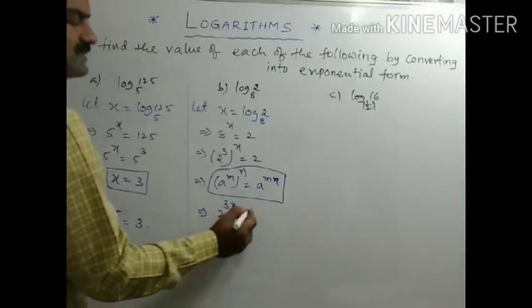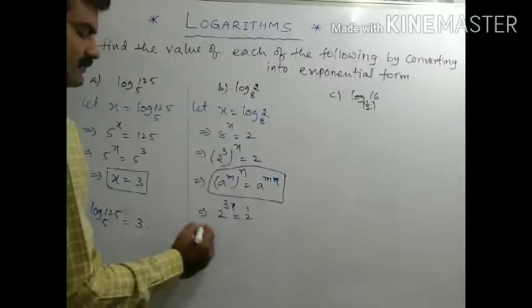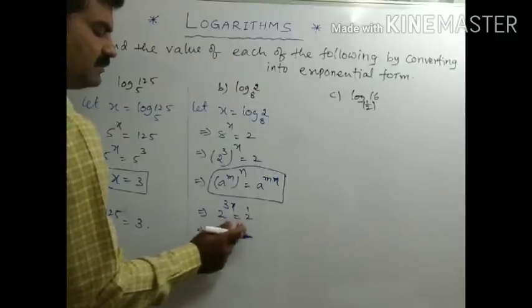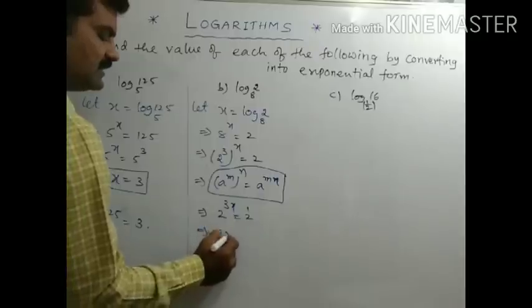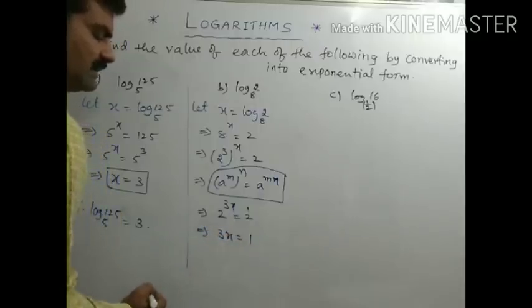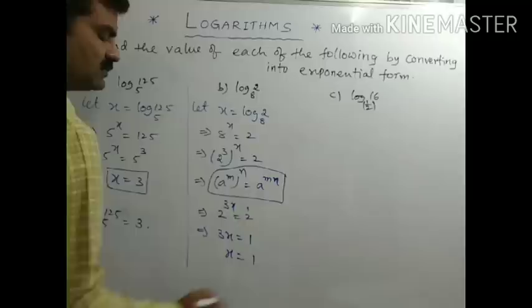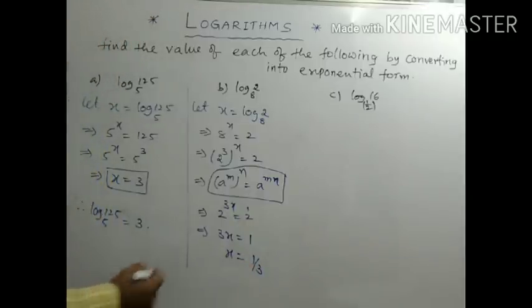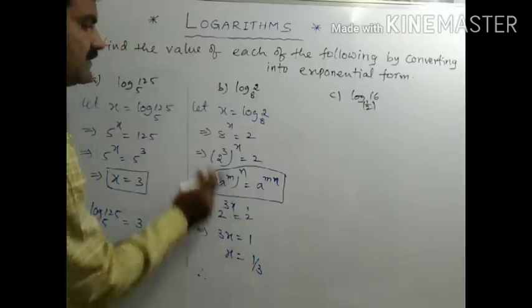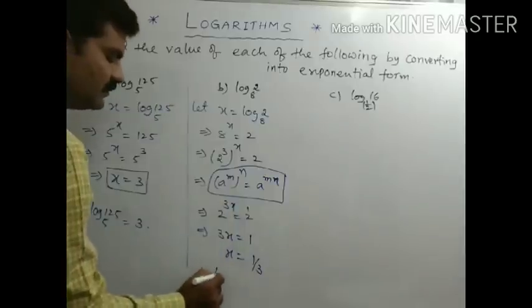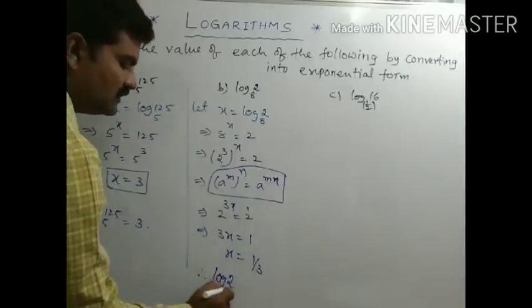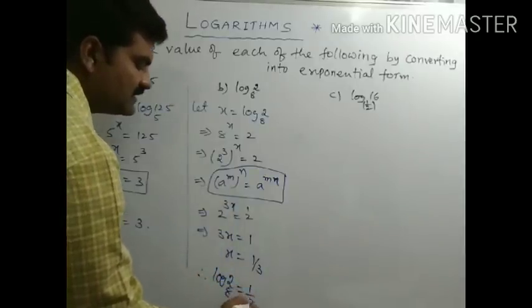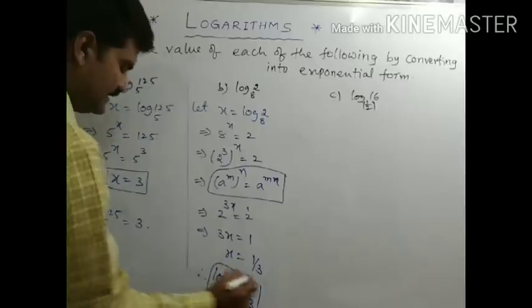So 2 means just like 2 power 1. So now when bases are equal, we can equate the powers. That is 3x is equal to 1, and from this x is equal to 1 by 3. Therefore, log 2 to the base 8 is equal to 1 by 3.